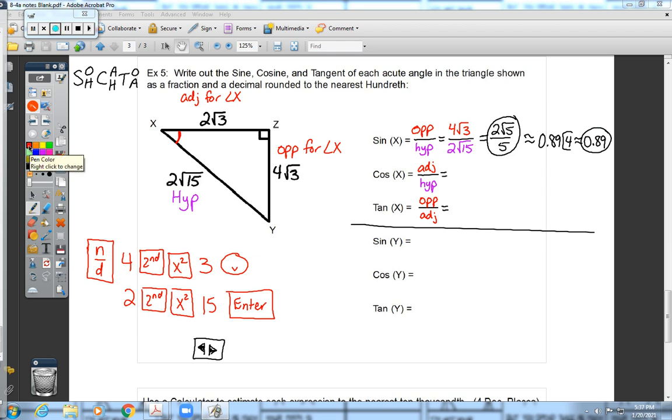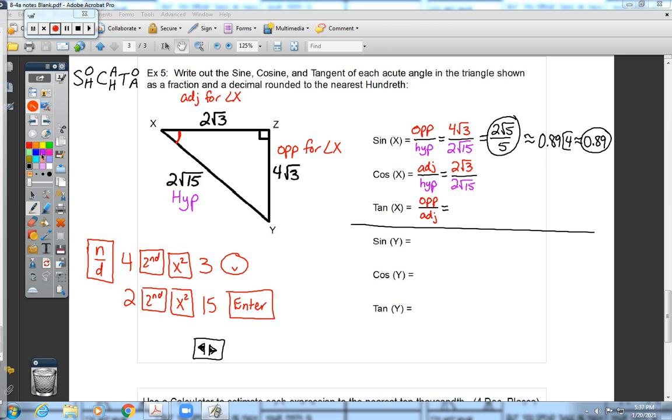For cosine, we would have 2 root 3 over 2 root 15. Again, you're going to feed that to your calculator using the same basic instructions: fraction button, 2 root 3 on top, 2 root 15 on the bottom, and hit enter.